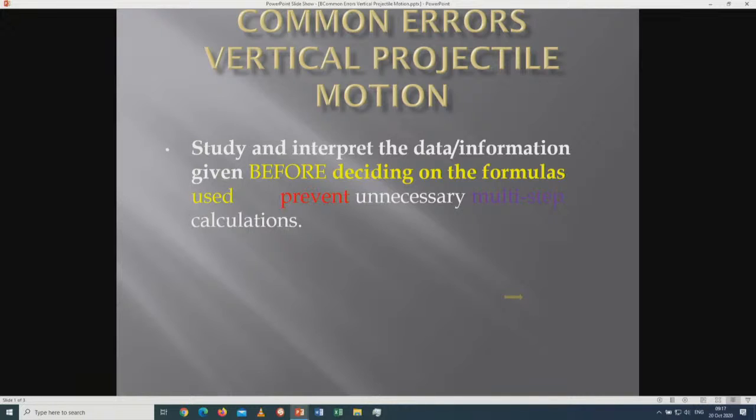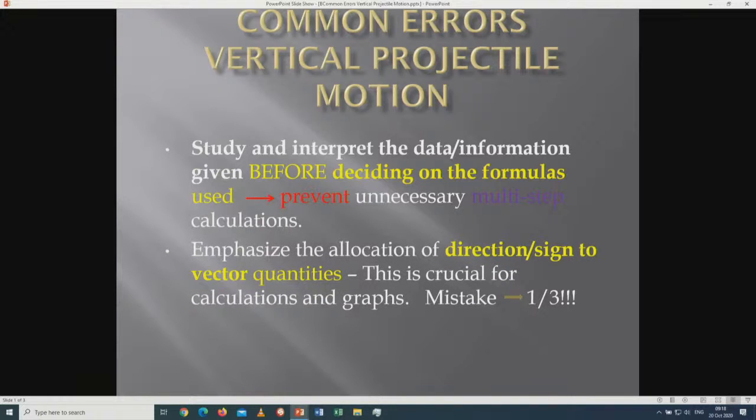So again, go back to your data sheet and look for the correct equation of motion, and please solve it with that specific correct formula. Don't fall into the trap of a multi-step calculation for 3 marks. You are just going to lose marks, and for the unnecessary steps, you're not in any way going to get marks for that. Very important.